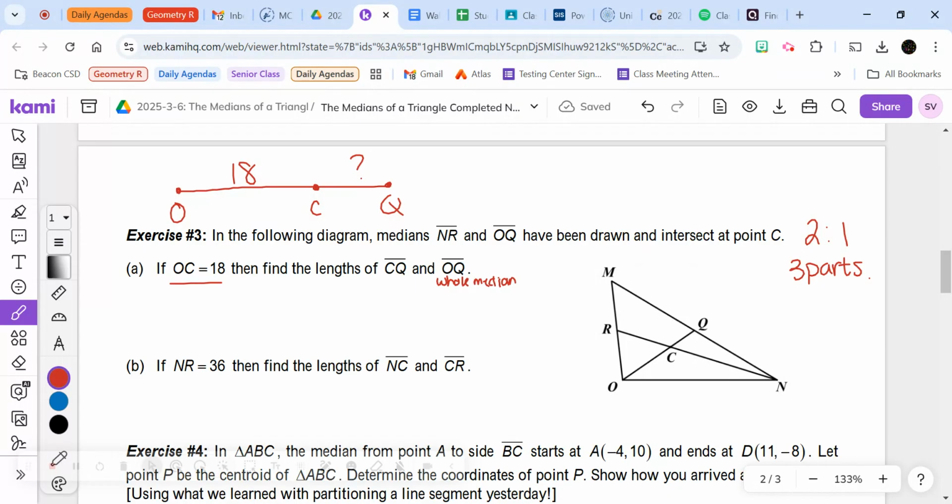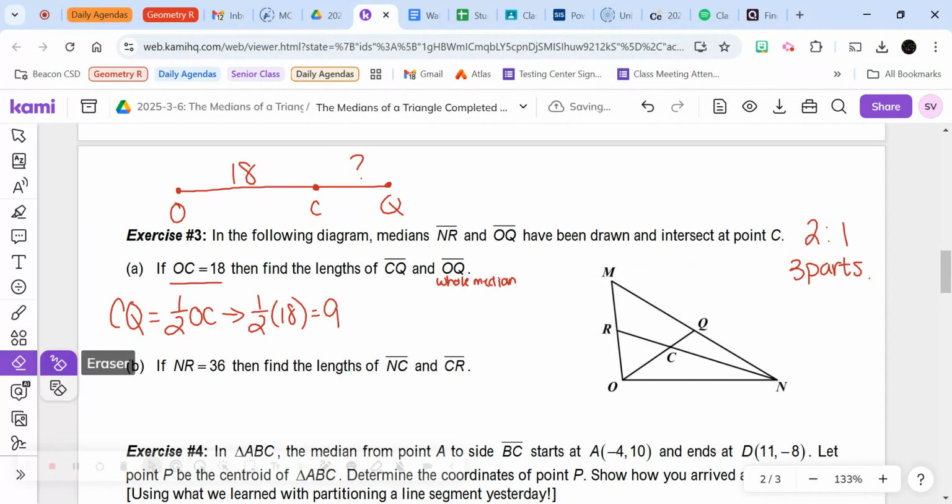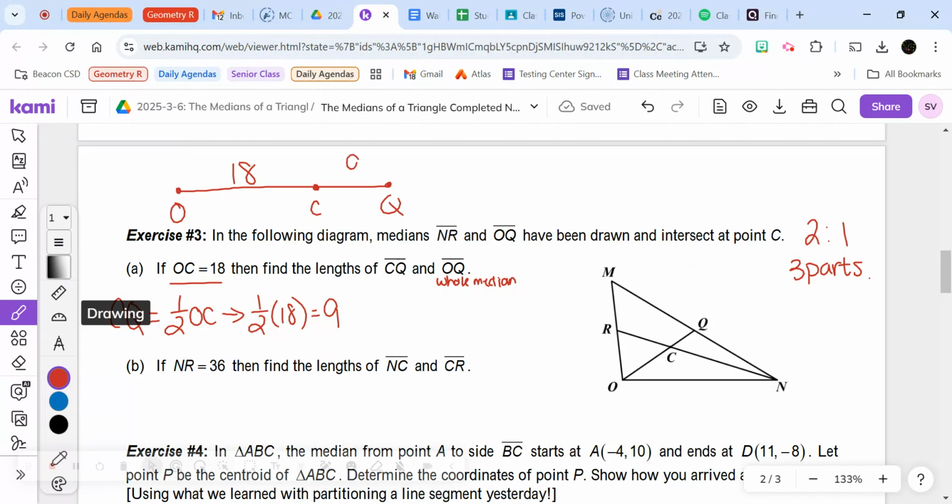So CQ is going to be equal to 1/2 the measure of OC, which if we set that up, we're going to do 1/2 of 18, which is just going to give us 9. So CQ is going to be 9.